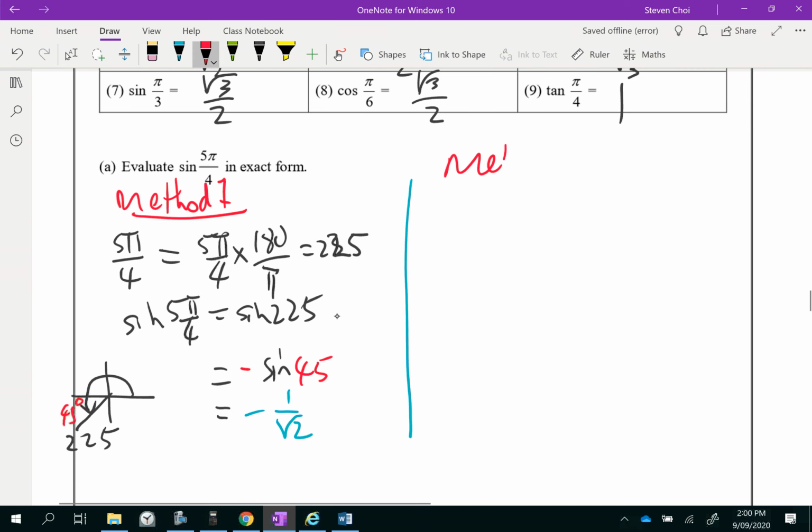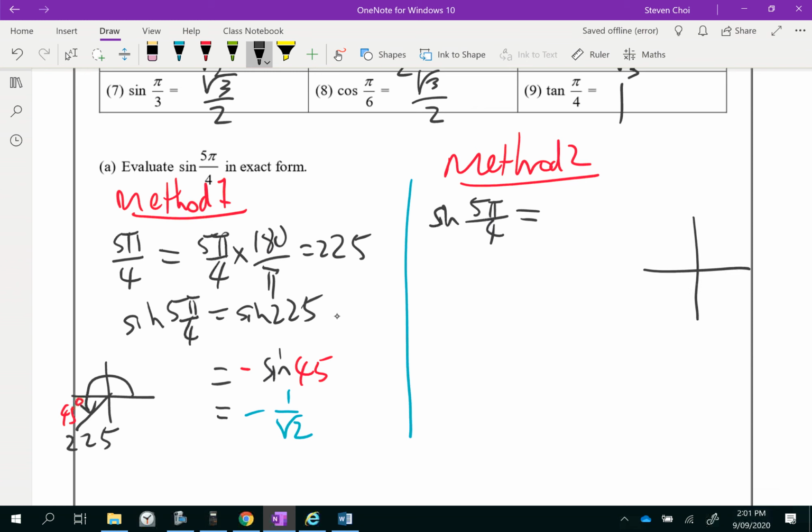Method 2 is to not change to degrees, but work with the radian. This is the preferred way, but some people prefer converting to degrees. Everything becomes very simple, but I think it takes more time in the long term. Now watch this. If you don't want to change to degrees, you can find out where 5 pi over 4 is. This is 0 pi, this is half pi for 90, pi for 180, 3 over 2 pi, which is 1.5 pi, and this is 2 pi.